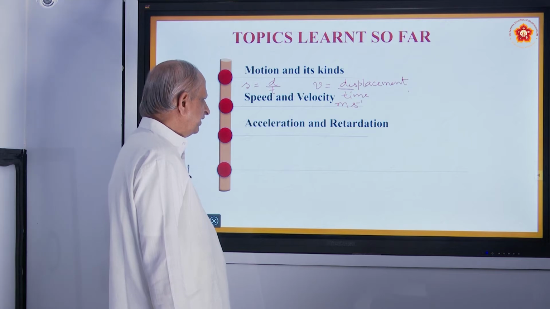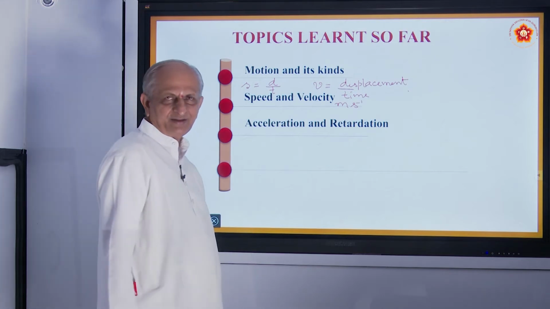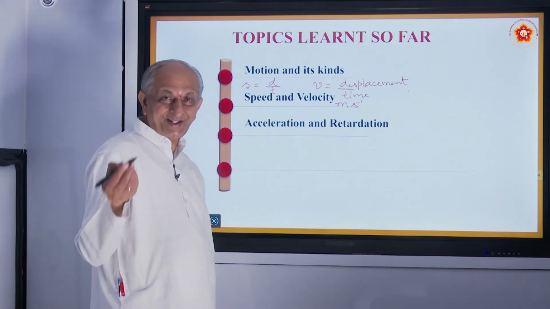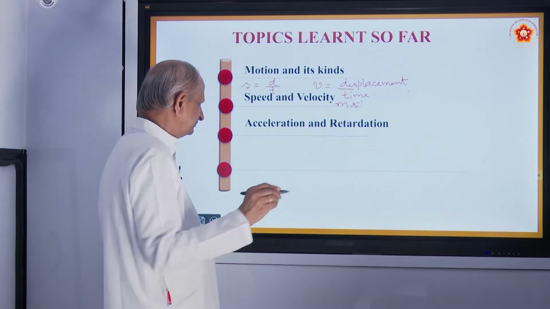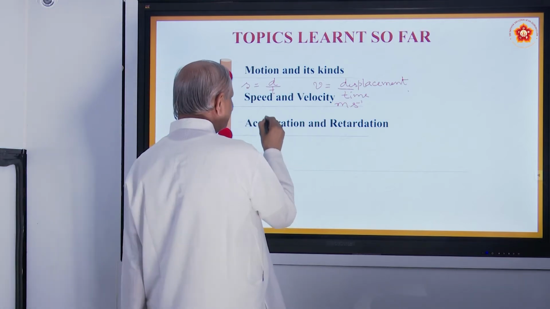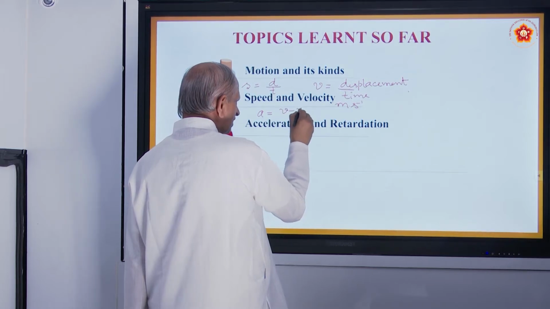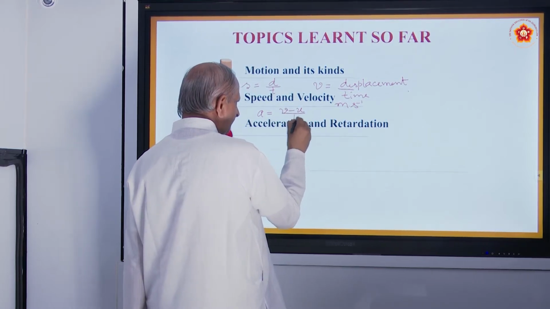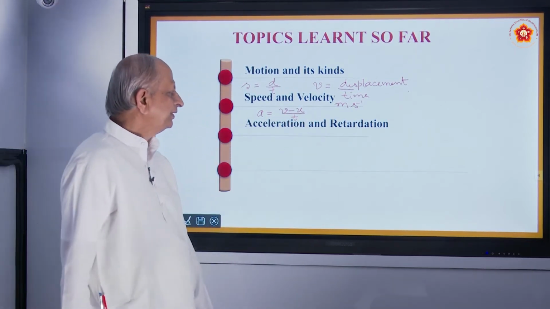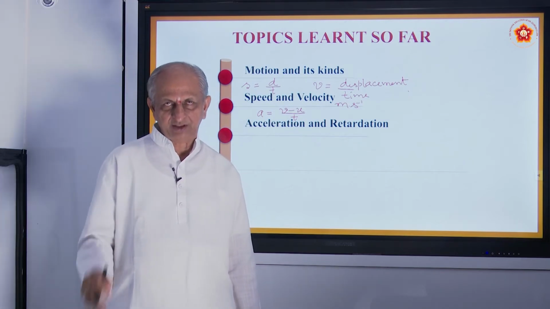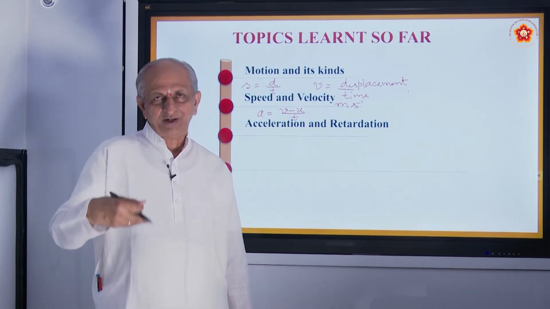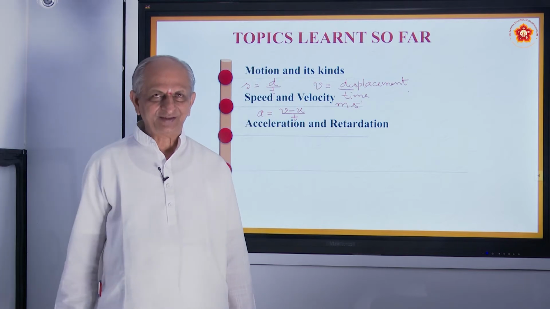And you also studied about acceleration and retardation. Rate of change of velocity is called acceleration. Retardation is negative acceleration. Other day we discussed the example of a train. Train starting from a station goes on increasing speed, is it not?